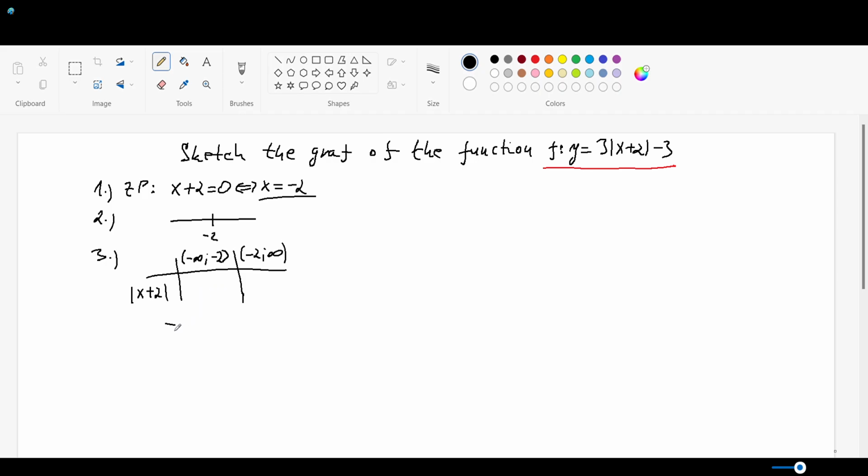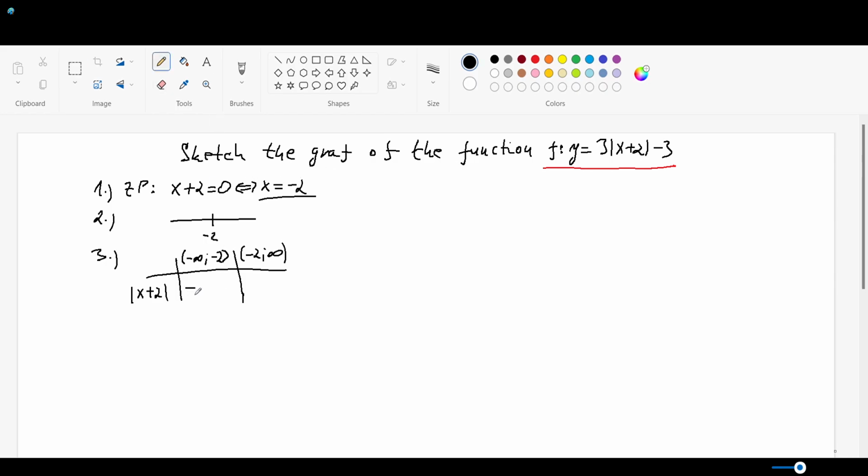So we take in this case negative 10, which means then that the expression x plus 2 for x being negative 10 will be evaluated like negative 10 plus 2, which equals negative 8, and negative 8 is less than 0. So it means to find out the real value of the absolute value, you are now supposed to use the opposite expression from the expression which is inside the absolute value.